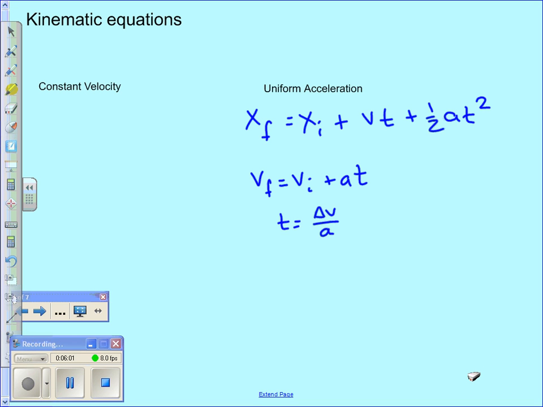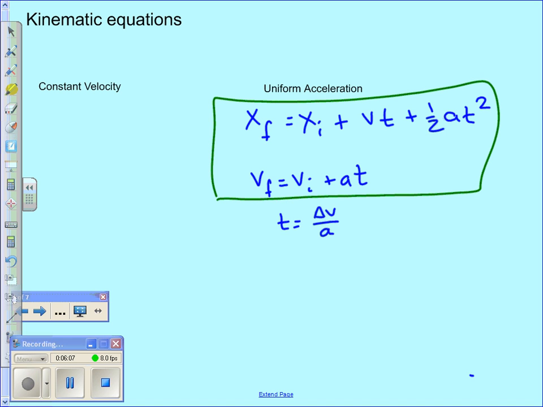There's one more equation that's pretty often used in kinematics. Since we've derived these two equations, it would be nice to have one equation that doesn't involve time. What if we just have acceleration, position, and velocity? It turns out it's not hard to do, but it's a lot of algebra and order of operations, and it's easy to lose a sign.